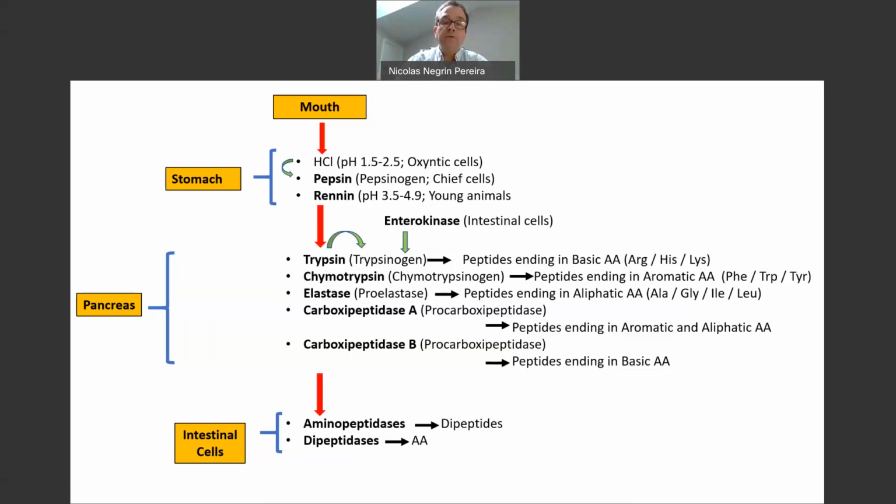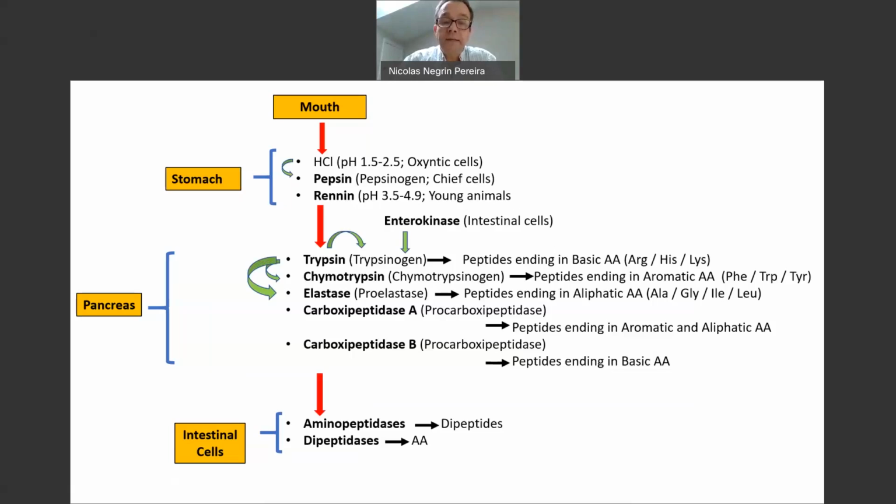Anyway, so chymotrypsin and trypsin form peptides ending in different types of amino acids. I'm telling you this because I want you to get the concept of how specific these enzymes can be. And then trypsin will also be the one responsible for activating chymotrypsinogen into chymotrypsin.